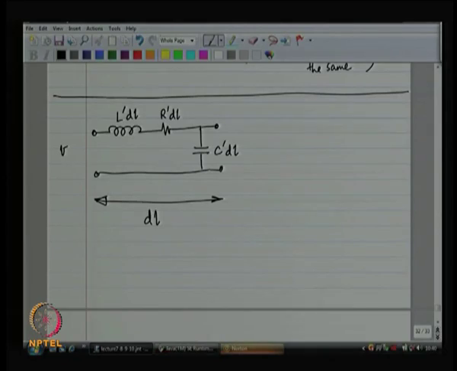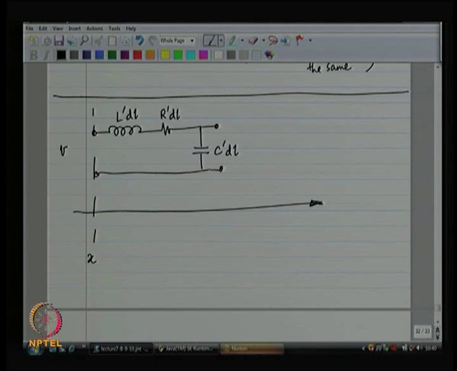So, how do we analyze a distributed system? Let us say that I have applied a voltage V. This is my x axis.